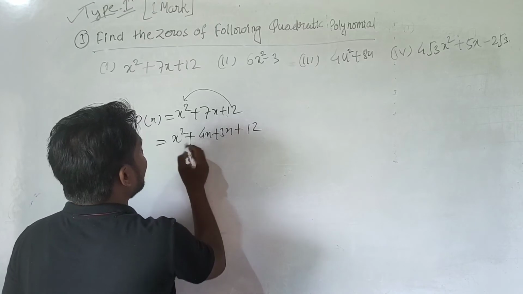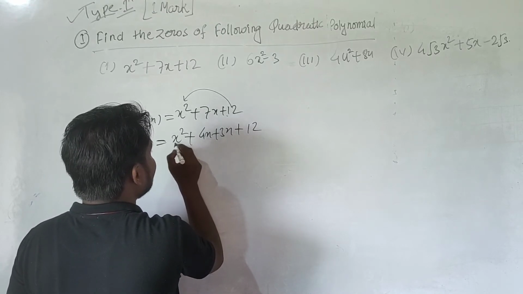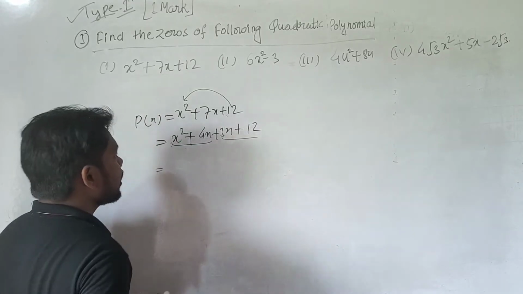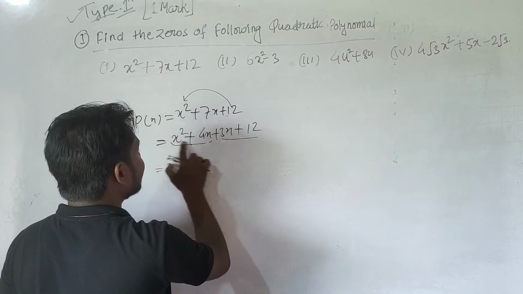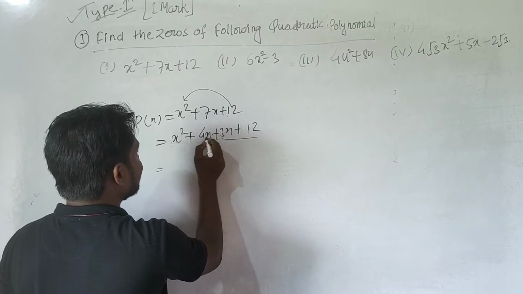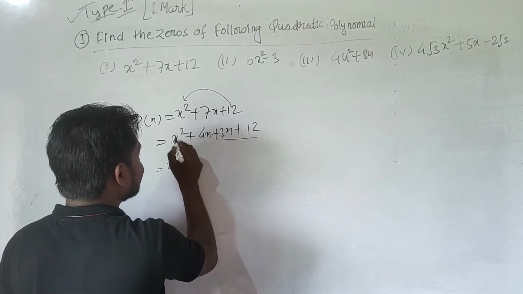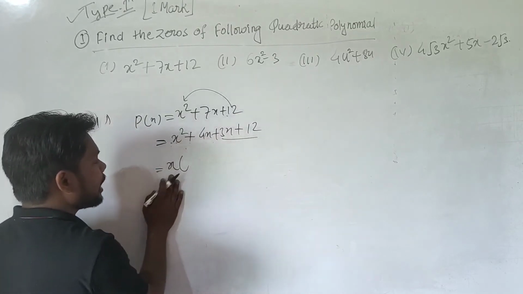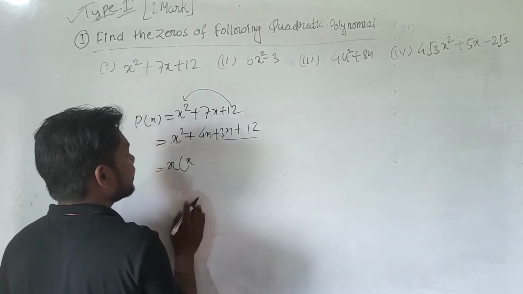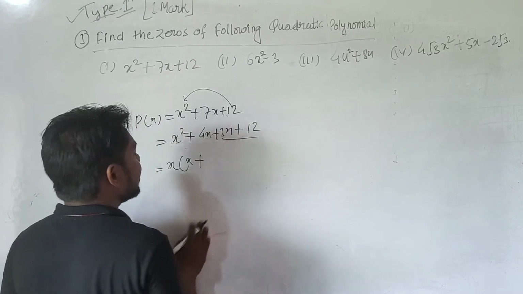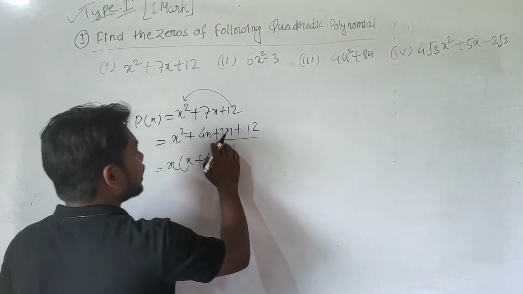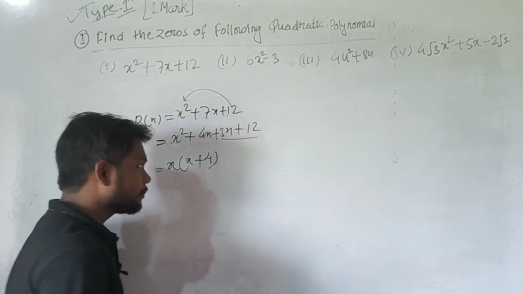Now we make a pair for the first two terms and for the last two terms. For the first two terms we can take x common from both. So it will become x into, here x is left out, and here plus 4 is left out. Now come to this pair of terms.